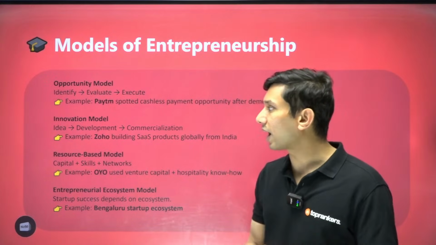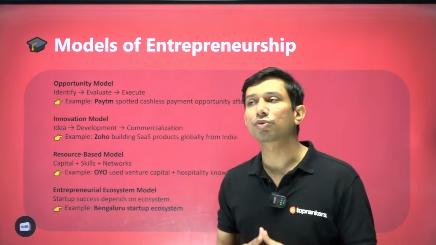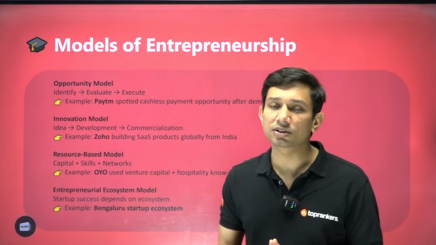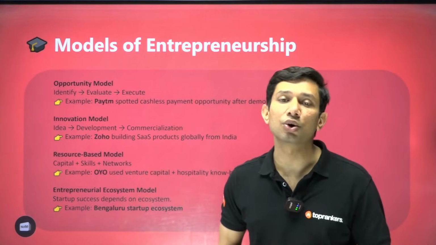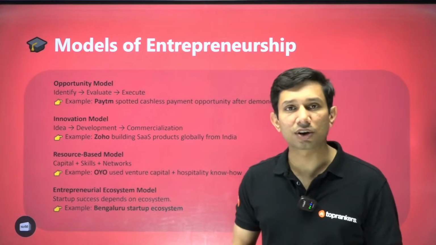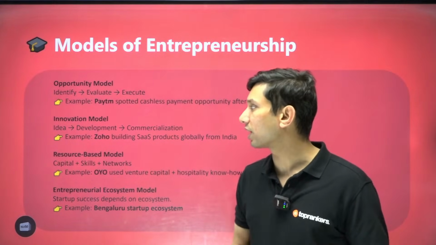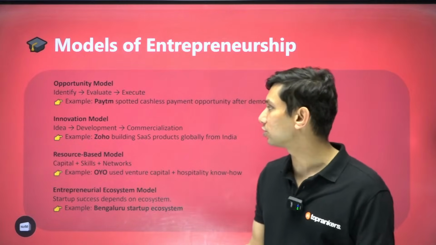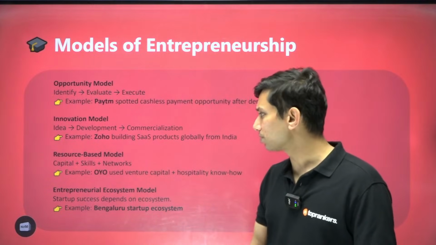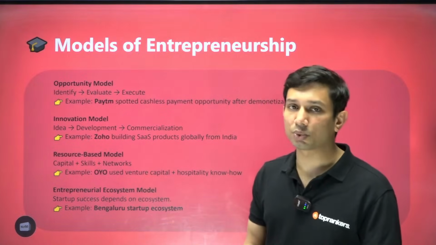The idea of building SaaS products for a global market comes out of the fact that India is a place where labor is available for cheap, technicals are available for cheap, our currency is extremely low, and hence we can leverage the resources that we have and the constraints in which we live for an international market, and hence they innovated in terms of creating an idea, developing that idea for a global organization, and then commercializing the business aspects of it.